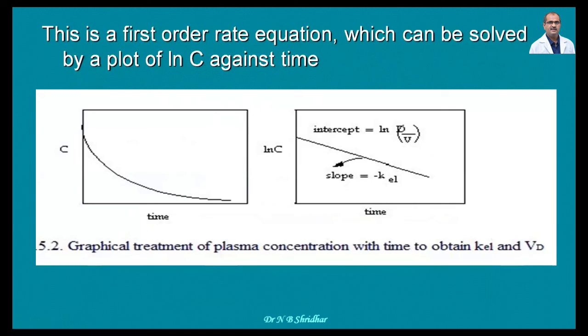This is the graphical treatment of plasma concentration with time to obtain K elimination and volume of distribution. Volume of distribution is the term in which the drug gets absorbed into the body and distributed throughout the body.